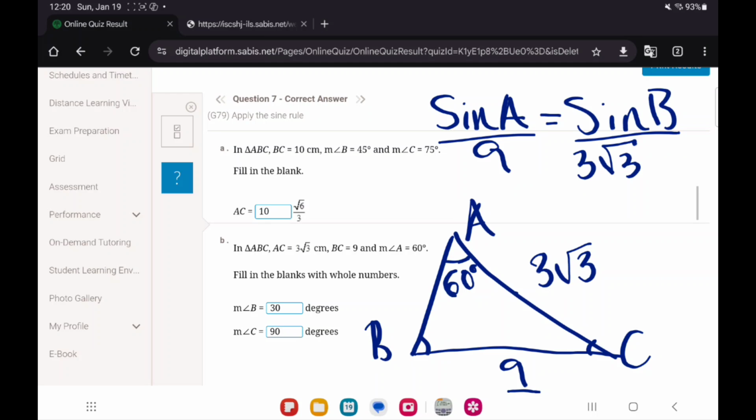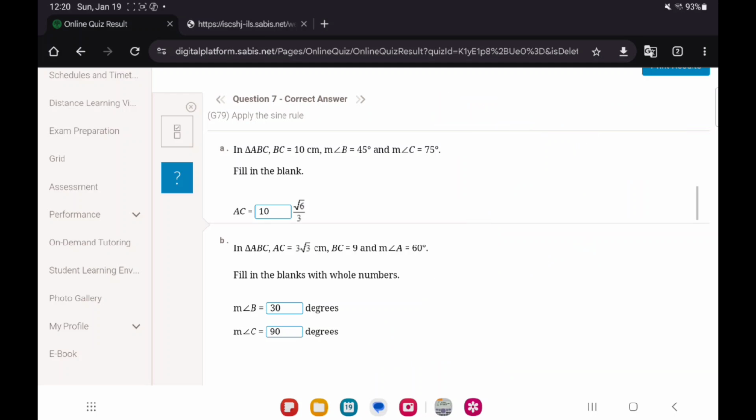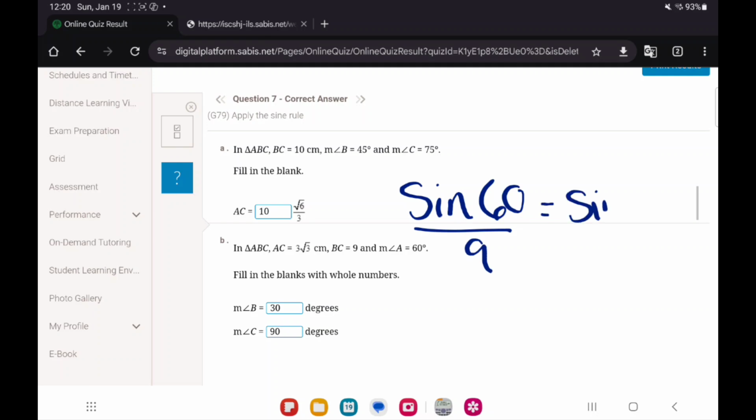Let's fill in the values. So sine A is sine 60 over 9 equals sine B, which we don't know, over 3 radical 3.